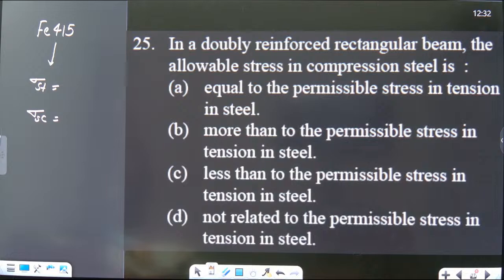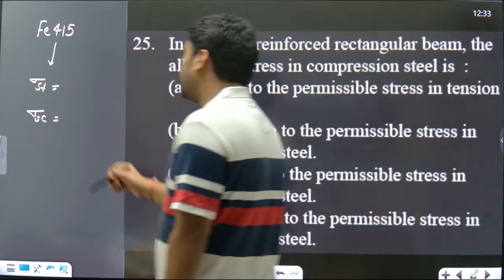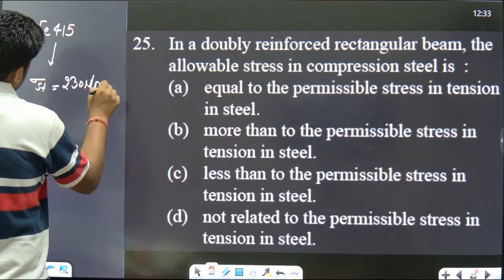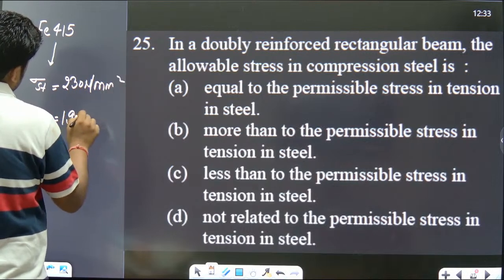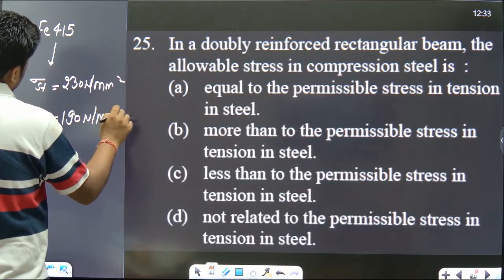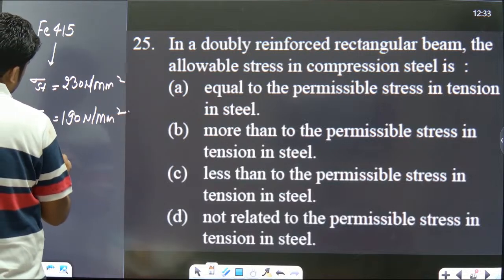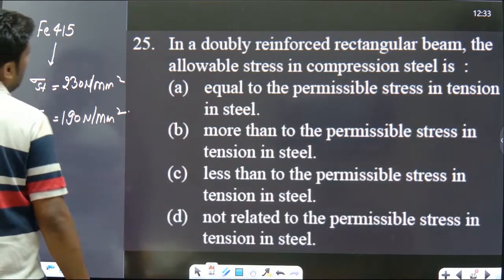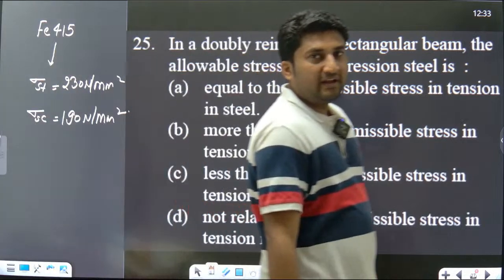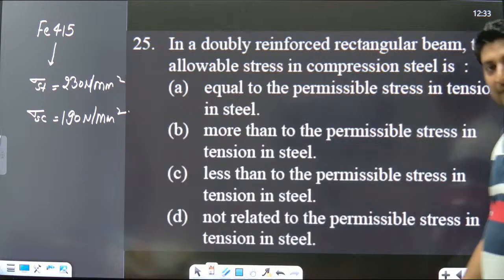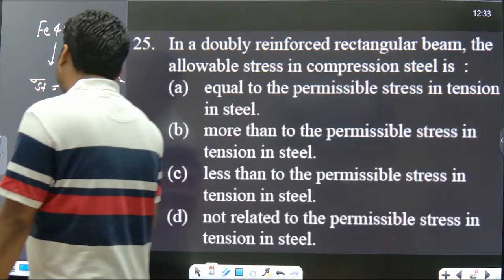Here the value is 230 Newton per mm square and here it is 190 Newton per mm square. You can take any of the values, Fe500, Fe250 as well as Fe345. For Fe345 also it will be Fe345.